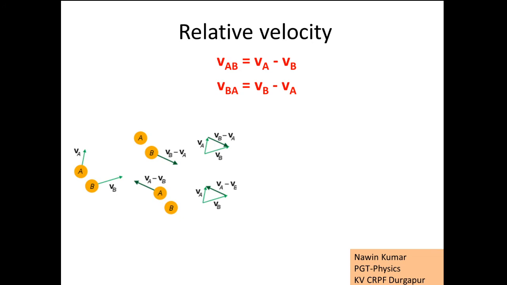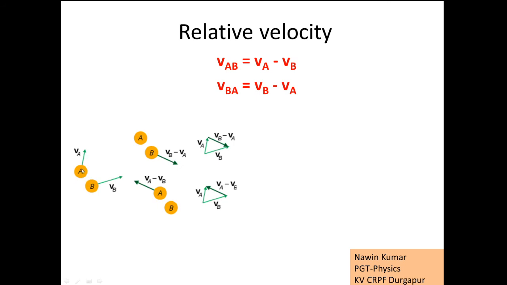So how can we find it? See here, there are several categories. A is moving along this direction, B is moving along this direction, and you are sitting in any one of these vehicles. A and B are the two vehicles, and you want to know the velocity.